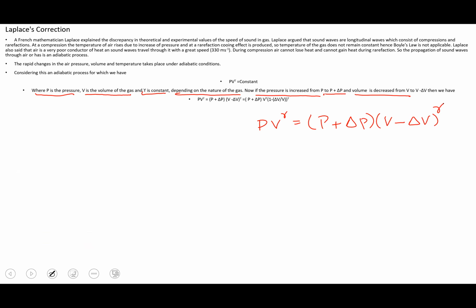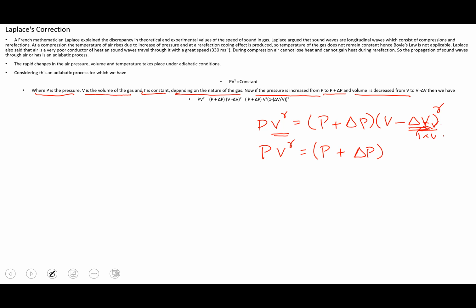Now in this case, we have to take V common over here to remove this V^gamma from the other side of the equation. So PV^gamma is equal to P plus delta P. We are taking V as common, as we know that there is no V in this term. So we multiply by V and divide by V as well.